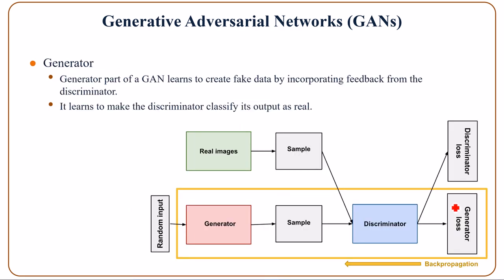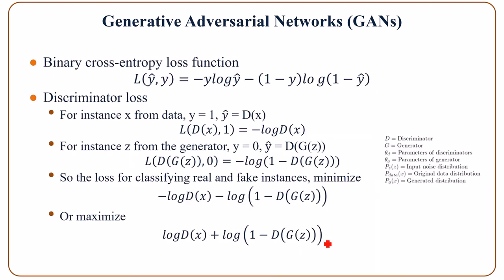Another loss is the generator loss. The generator loss is used to update the generator weights so that the generator can learn to create fake data and can make the discriminator classify its output as real data. Now let's see what the loss functions are.